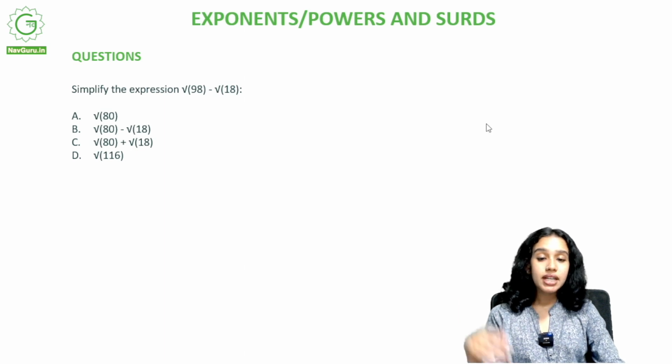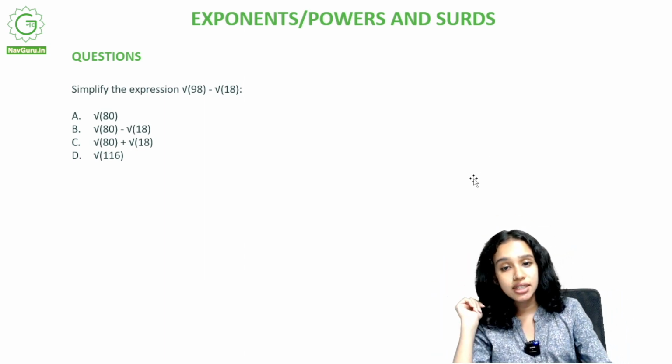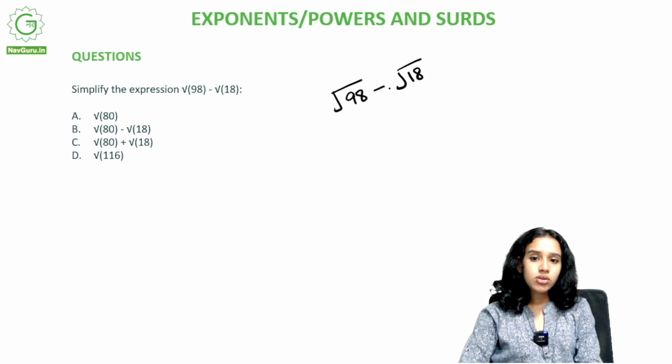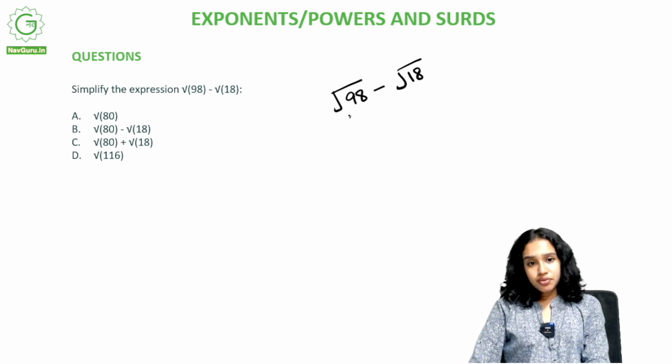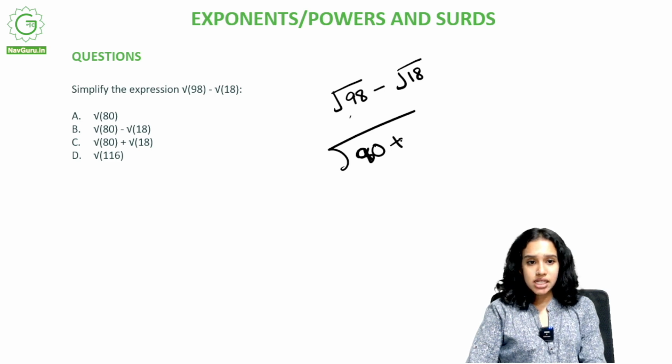Now, simplify the expression root of 98 minus root of 18. How can we do this question? Let's see. So, we could write this as root of 80 plus 18.